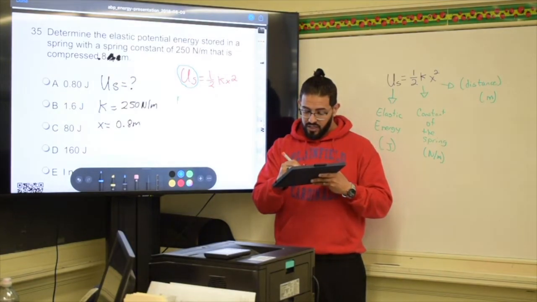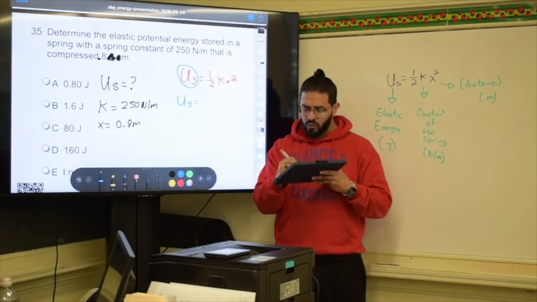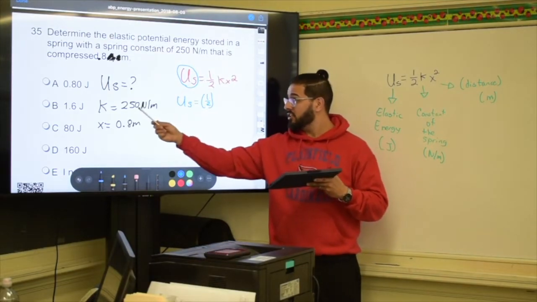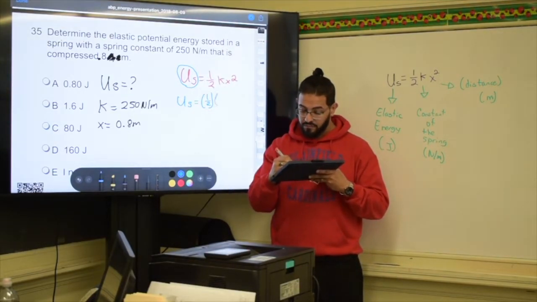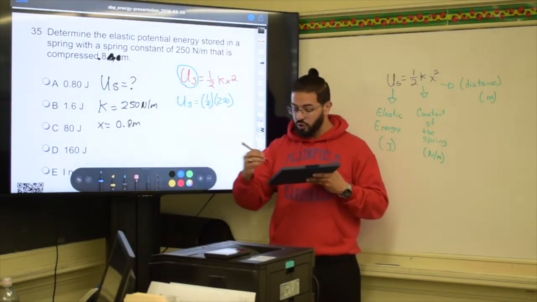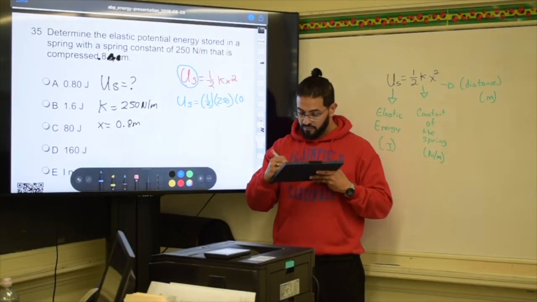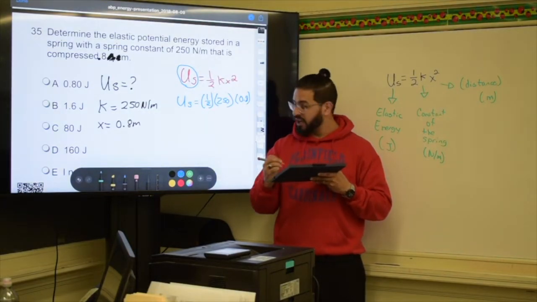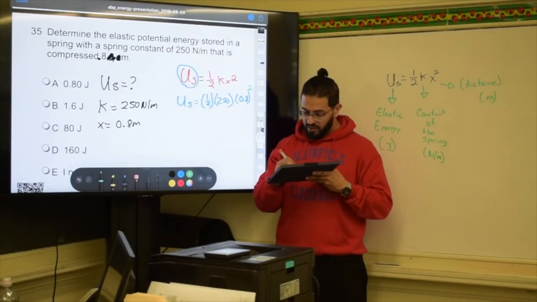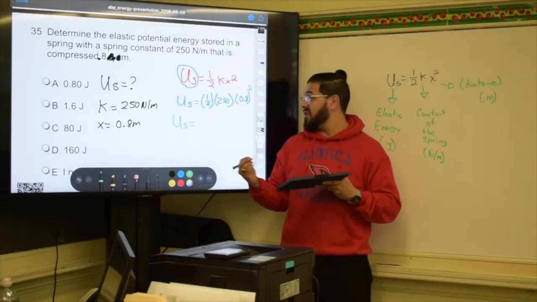Now, the elastic potential energy is going to be equal to half multiplied by the constant of the spring, that is equal to 250, and multiplied by x, that is equal to 0.8. And something that you need to be careful about is that this x has the square up there. Right now we have everything.